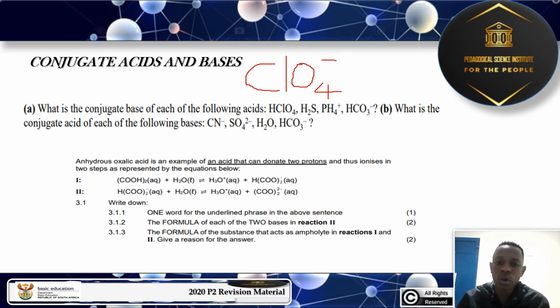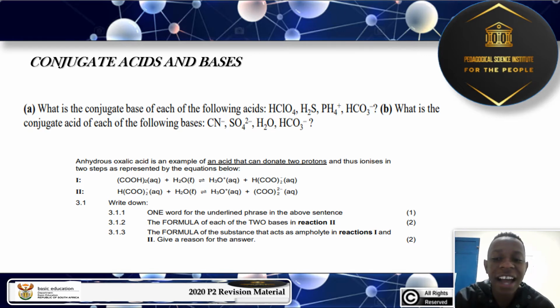Then let's do number 2. Now we have H2S. It has 2 hydrogens, and remember, when it has 2 hydrogens it's a diprotic acid. Now it's going to donate only 1.